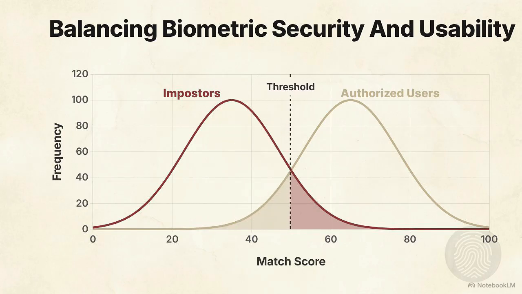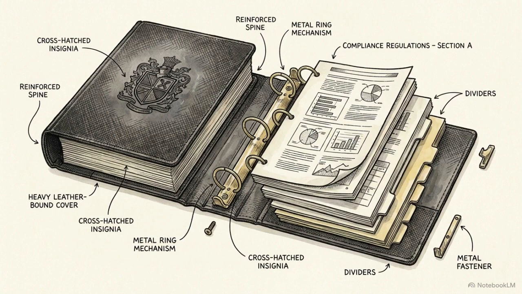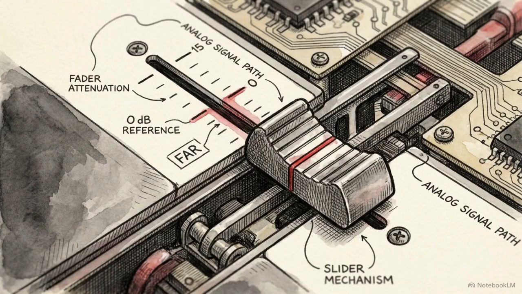The CER serves as the industry baseline for comparing a biometric sensor's inherent accuracy, independent of how it is manually tuned. Understanding this math is a prerequisite for meeting the highest compliance standards, specifically NIST Authenticator Assurance Level 3. Tuning an environment for AAL3 mandates pushing the threshold to ensure a near-zero false acceptance rate for sensitive resources.